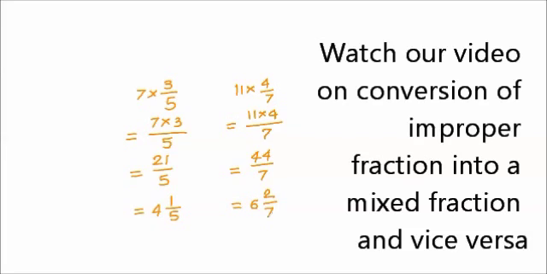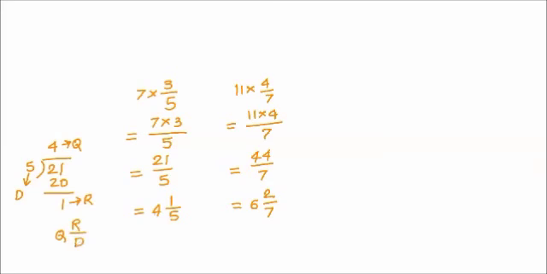How do we do it? 21 upon 5, 5 4s are 20, remainder is 1. This is Q, this is R, and this is D. And the mixed fraction is written in the form of Q R upon D. That's why Q 4 goes here, R 1 goes here, and D comes here.